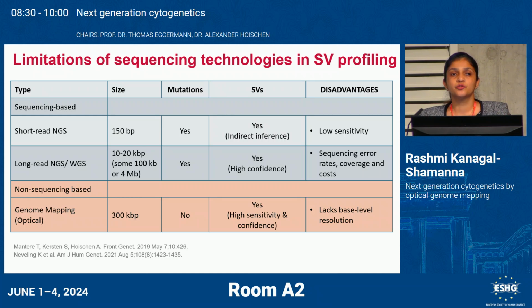So we're not able to extract the mutation information. But considering that, for example, in hem-onc specimens, targeted NGS is almost a routine practice, combining the high accuracy structure variant data from OGM with the regular short-read targeted NGS at a very deep coverage level can provide great insight into what's happening in the genome.